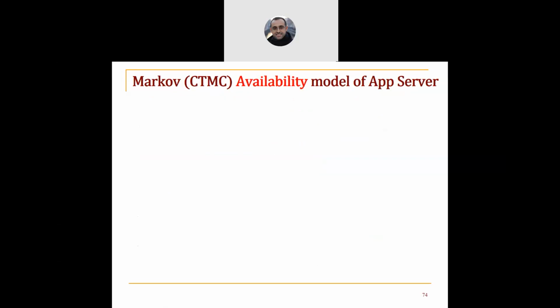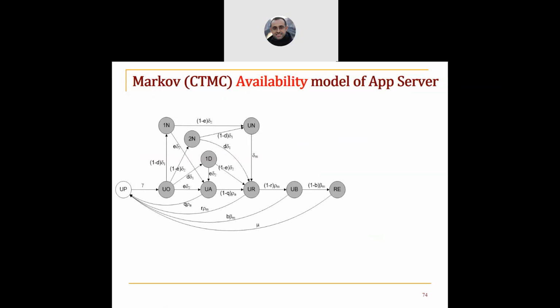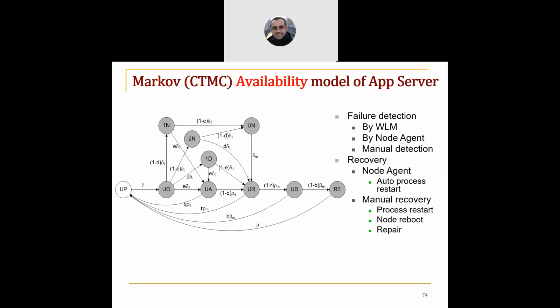Now, models can get even more complex. While developing the model of the WebSphere application server, working with IBM engineers and repeated questioning of what happens after a failure, I came up with a more complex model of the IBM WebSphere application server, where we found that there were 3 different methods of detecting a failure, one by workload manager, another by node agent, and if both of them don't work, manual detection.